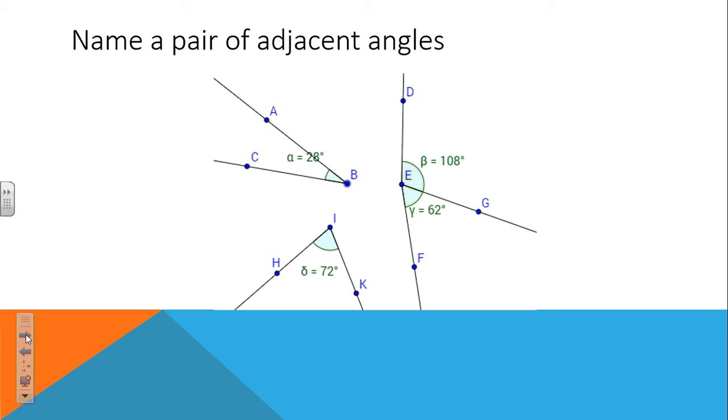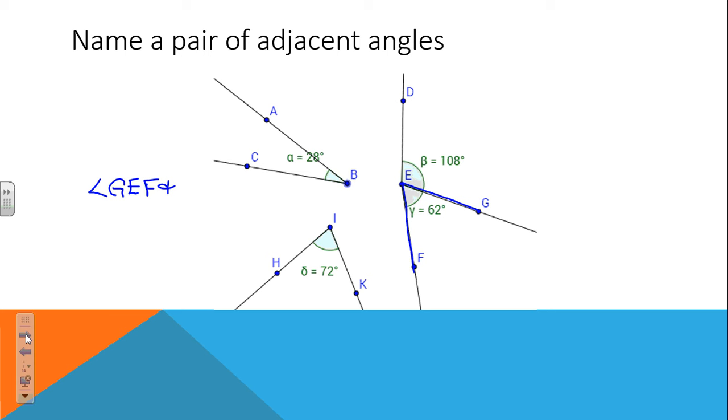Good. Name them for me. GEF. I like it. And GEF is adjacent to which one? Let Hannah finish.